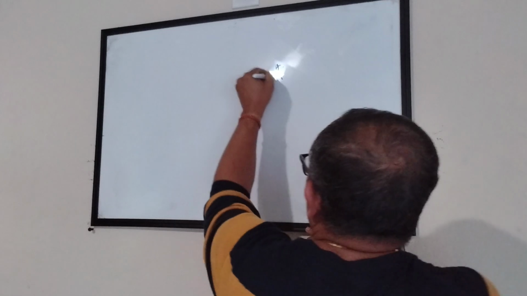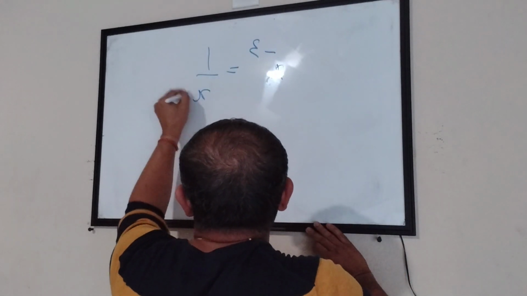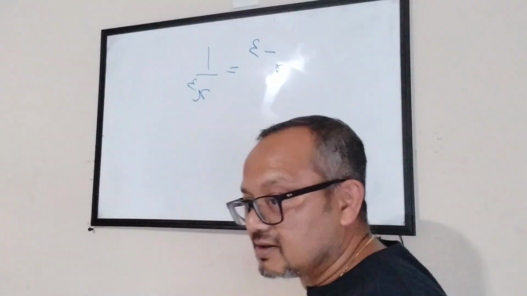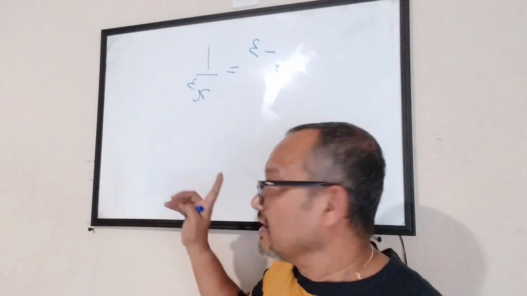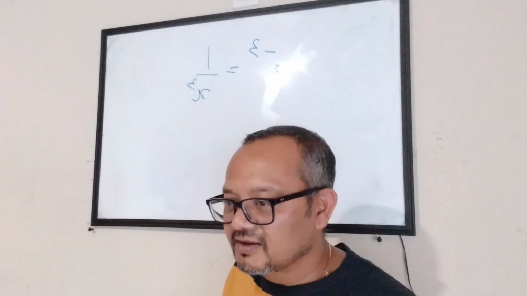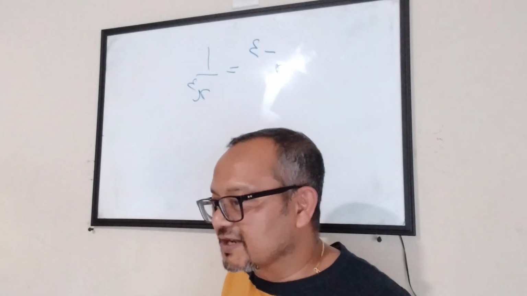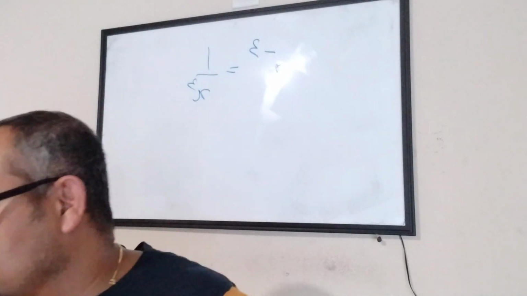So I was asking, if I have x to the power minus 3, it becomes 1 by x to the power 3. How? Do you know how? Who can explain this to me? See, these are very tiny mathematical tricks.